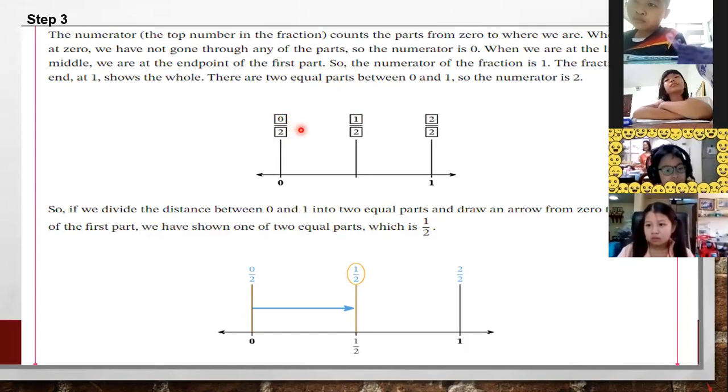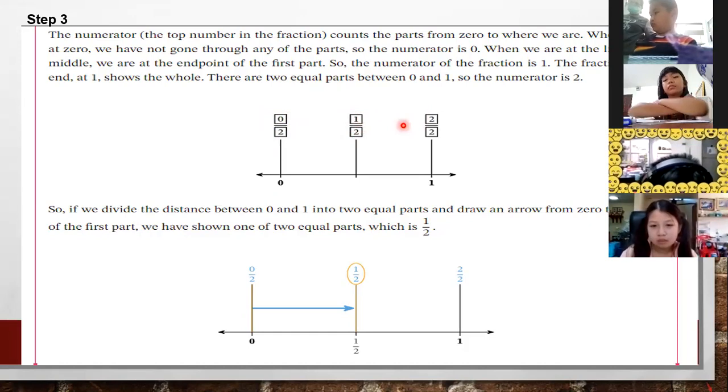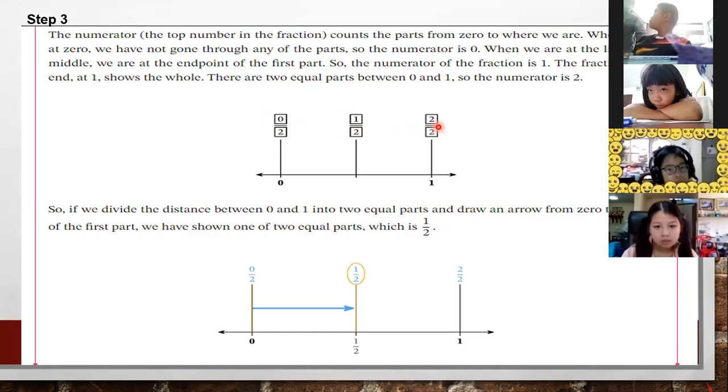And when we are at the line in the middle, we are at the end point of the first part. So the numerator of the fraction is 1. And the fraction at the end, at 1, has two equal parts between 0 and 1.